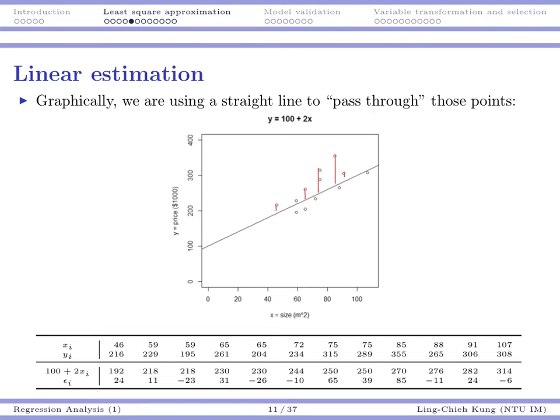Ideally, this line should be moved upwards a little bit so that the overestimation error and underestimation error seem to be close to each other. Then that should somehow minimize the overall estimation error. So the graph can help us get this intuition, and that motivates us to look at some other lines.